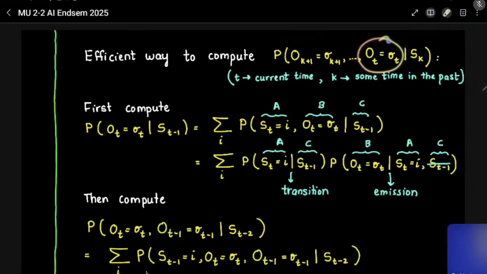The probability of O_(t-1), and so on and so forth, until O_(k+1). So k is a number that's less than t, because that is what is required.